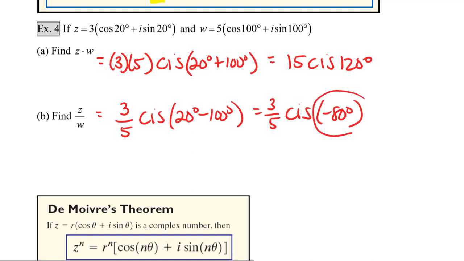Theta has got to be between 0 and 360 if I'm writing a complex number in polar form. So I'm going to have to add 360 degrees to negative 80, so I get a coterminal angle that is between 0 and 360. So negative 80 plus 360 is equal to 280. So my final answer is 3/5 cis 280 degrees.